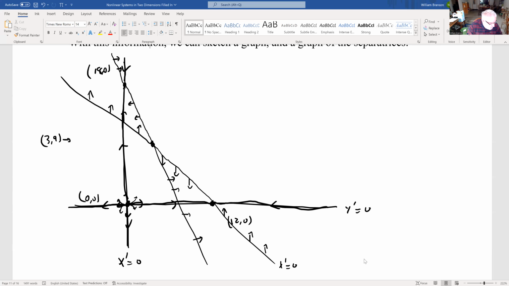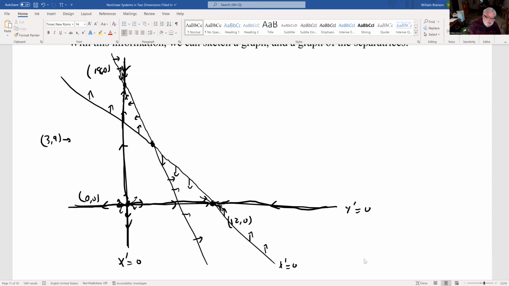At (0, 18), the y-axis is one eigendirection. Then we have another eigendirection that lies in between the y-axis and this nullcline going in. I'm not going to add any more curves there because it's getting a little bit complicated. Down at (12, 0), the x-axis is an eigendirection, and then there's another eigendirection going in that looks something like that.